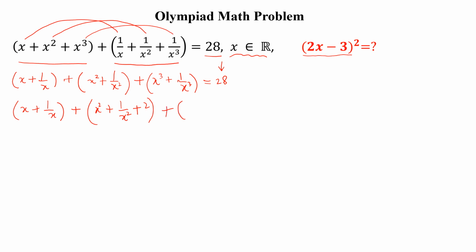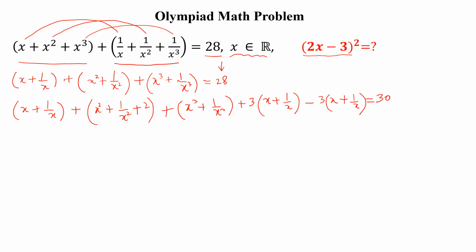And next we can write x cube plus 1 over x cube plus 3 into x plus 1 over x minus 3 into x plus 1 over x, and this will be equal to 30.